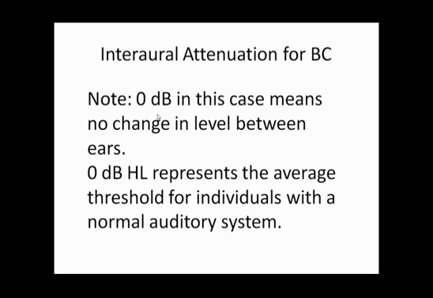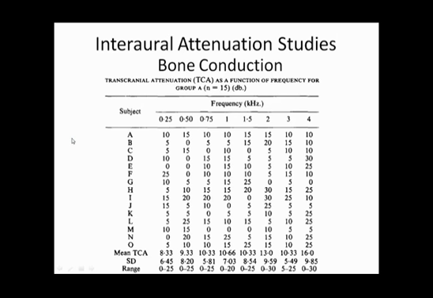So if you're going to look at a difference between two levels, or if you're going to add two levels, we report it in dB. If you look at an absolute level that's equivalent to average threshold for humans, that's 0 dB HL.